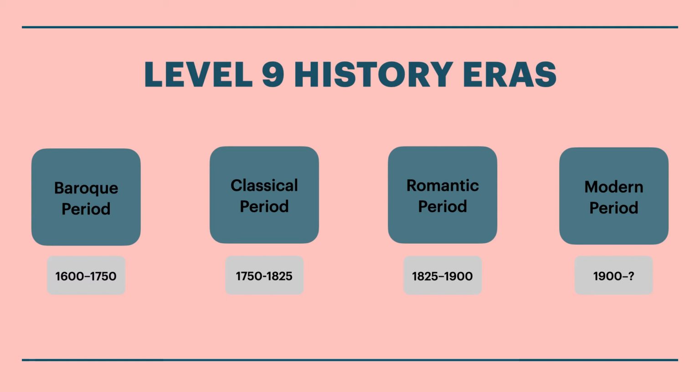It's important to note that these dates are loose and approximate. We only can assign these dates looking into the past. Composers living in 1824, for example, so within the Classical period, at the very end of what we have demarcated to be the Classical period, didn't say to themselves, oh, it's almost 1825.